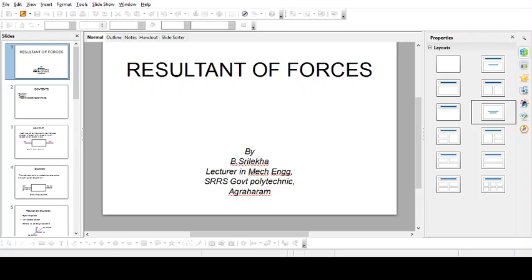For example, there are 40 newtons and 30 newtons of forces acting. To find the resultant of this, we can make use of the parallelogram law of forces. R is equal to the square root of P squared plus Q squared plus 2PQ cos alpha. So the resultant R is equal to the square root of 40 squared plus 30 squared plus 2 into 40 into 30 into cos 90 degrees.